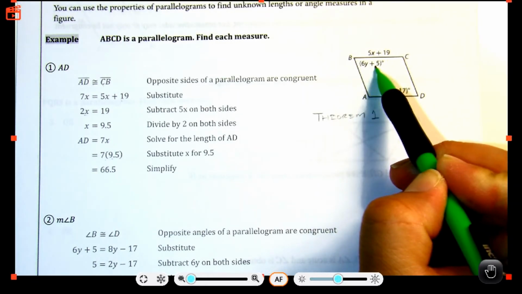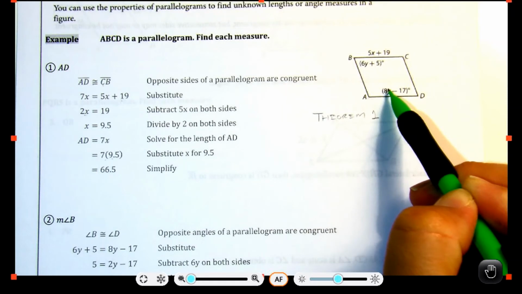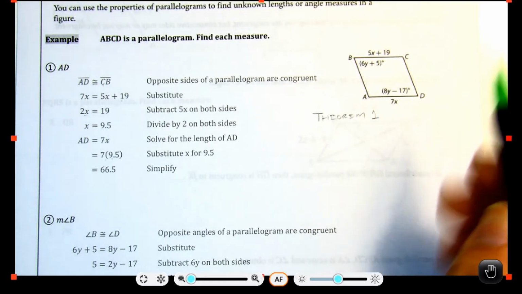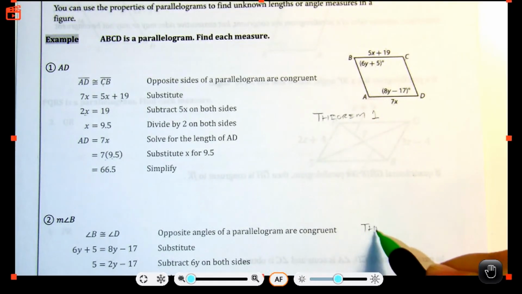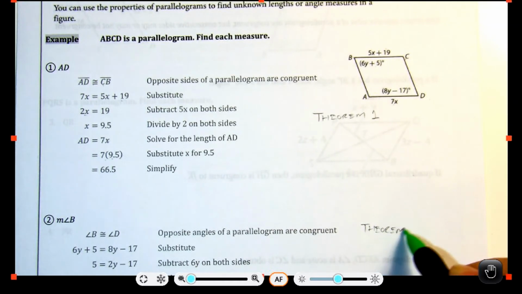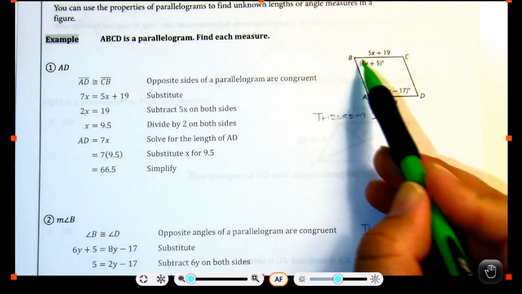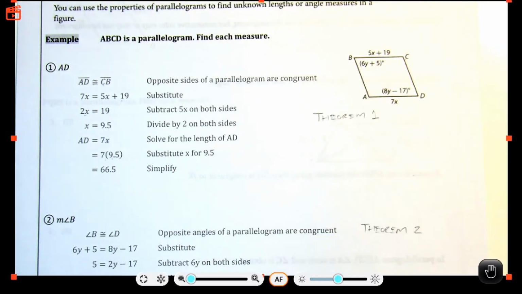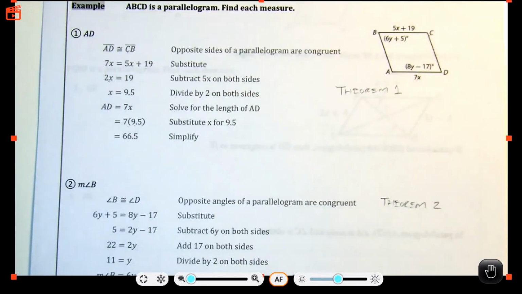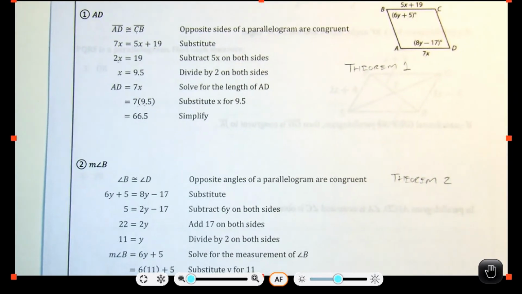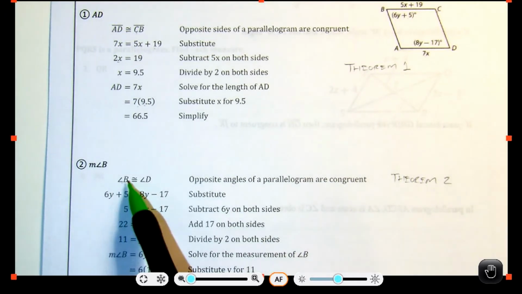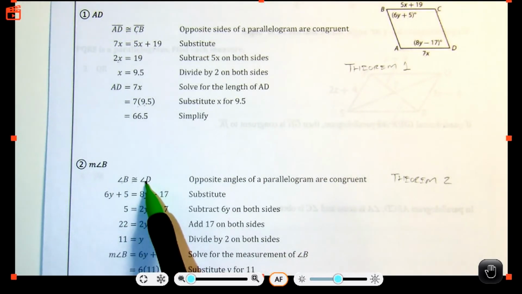And we could use Theorem 2, which is opposite angles are congruent, to solve for y, and then we could solve for angle B. So we set up the problem as angle B is congruent to angle D. Then we substitute: 6y plus 5 equals 8y minus 17.